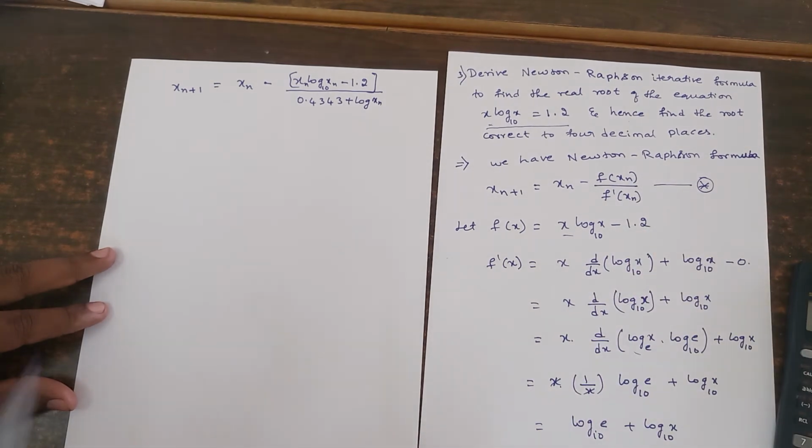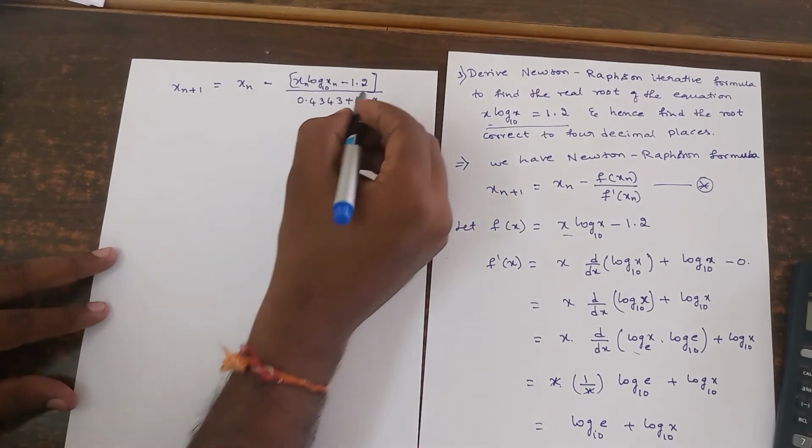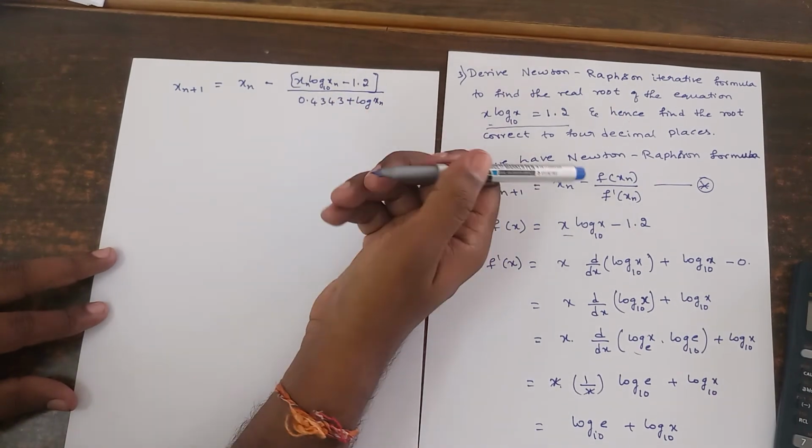Since xn is needed, wherever x is there, it becomes xn, divided by f dash of xn.